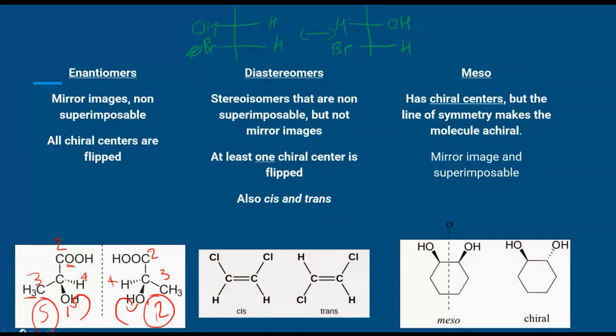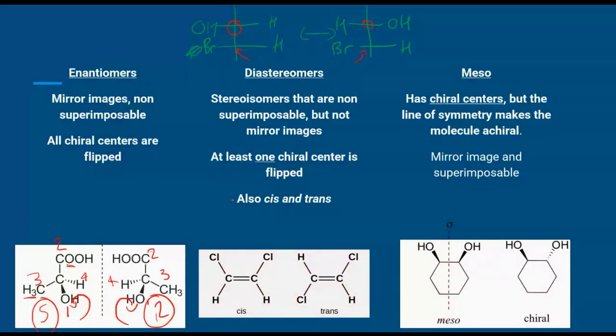So if we notice, only one chiral center changed configuration. This one right here. Meanwhile, the other chiral center remains the same. So this is now a diastereomer. This is not an enantiomer because they're not mirror images of each other, right? An enantiomer would be all the chiral centers have to be flipped.